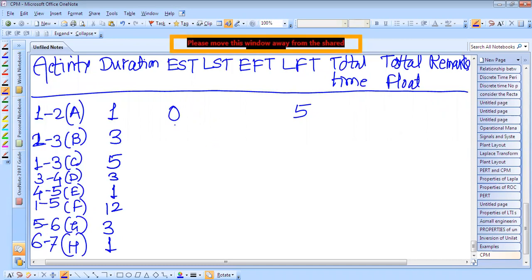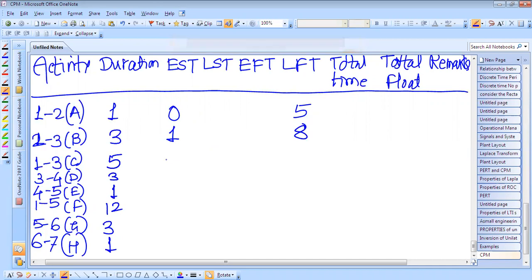So we have to just write here, for this activity 2, 3, earliest start time is 1, and the latest finish time is 8. For 1, 3 activity, just refer to the arrow diagram.